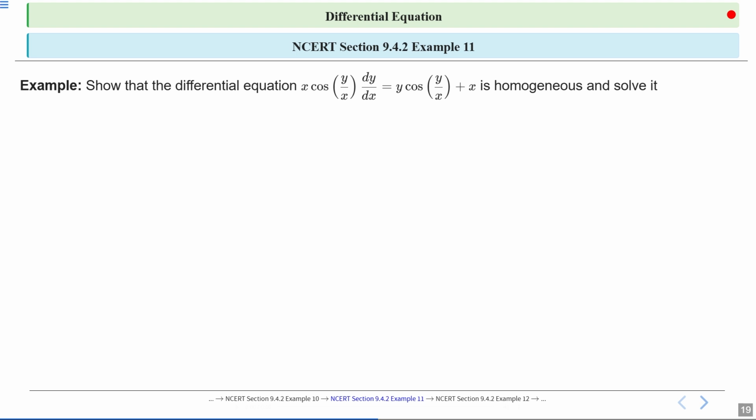Then use an appropriate substitution y = vx, separate the variables, and then integrate to find the general solution of the differential equation. Okay, so just try.